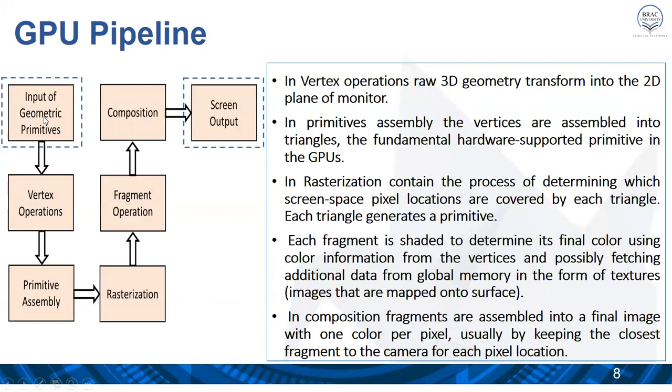A vertex is a small part of a primitive. It's like an object point. In this unit, all the 3D geometric primitives are converted into vertices on two-dimensional space.